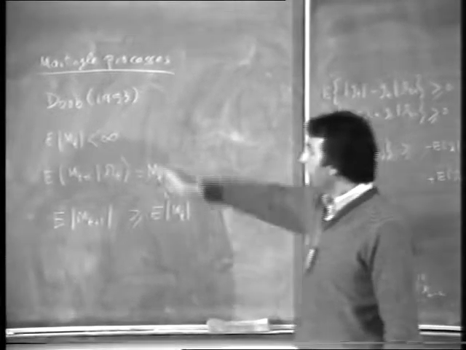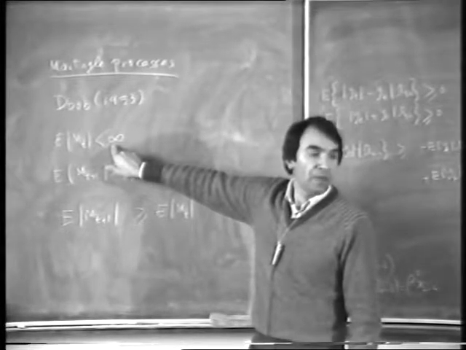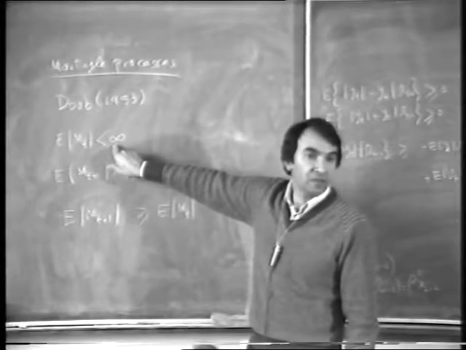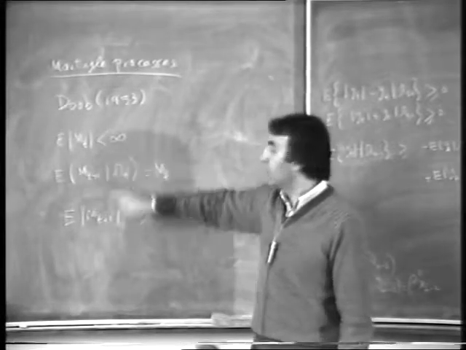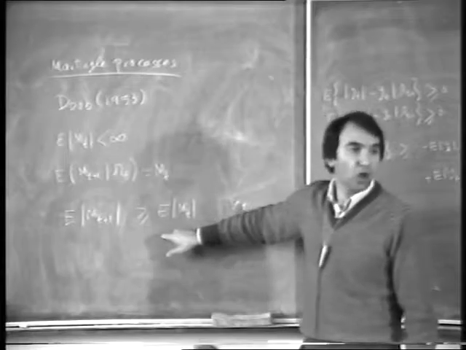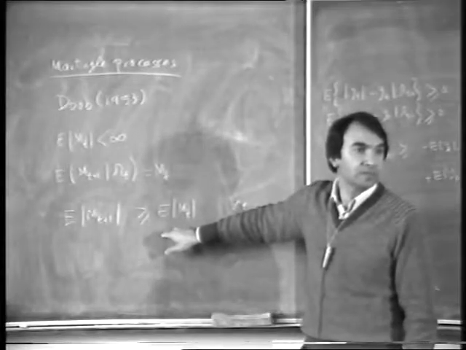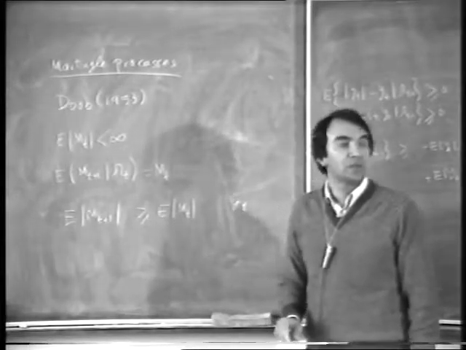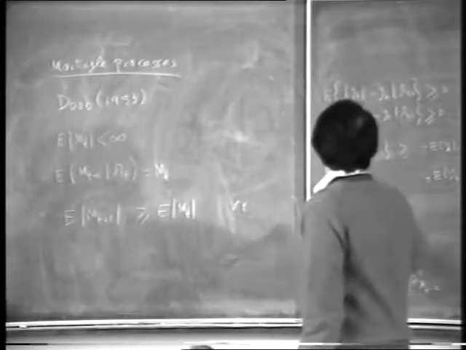And since it is bounded in mean, it would be bounded for all time t as well. That's an important property. Now, how can we prove that?